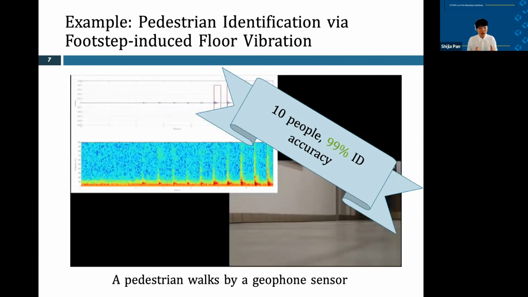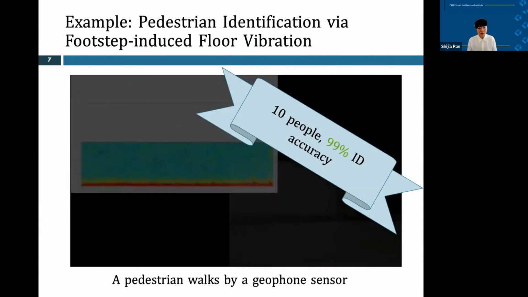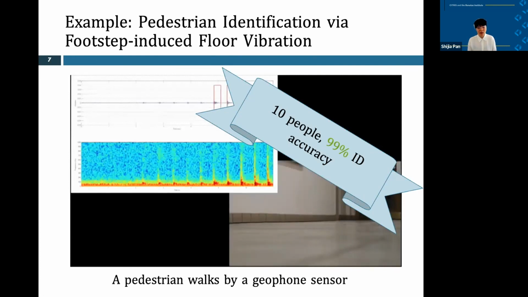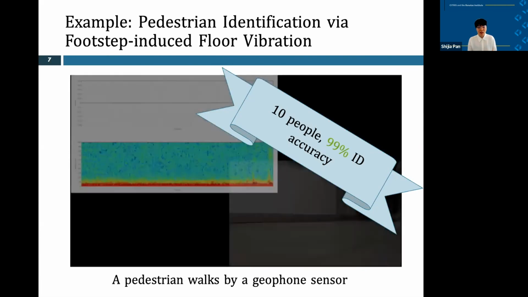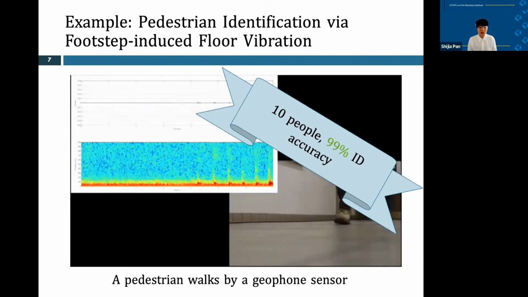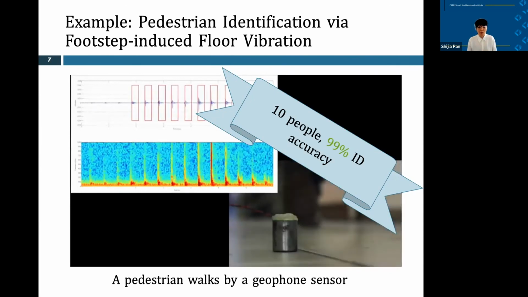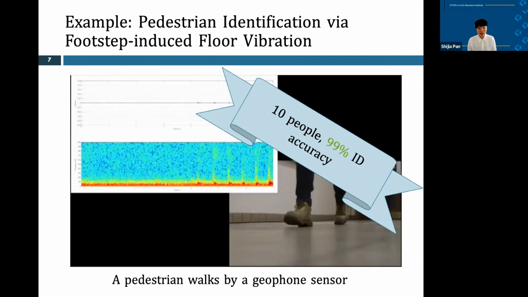So we are still able to detect the activity if a person is using a wheelchair, and we actually have some of our work on the friction-induced vibration versus impulse-induced vibration that potentially can be the solution to this problem.